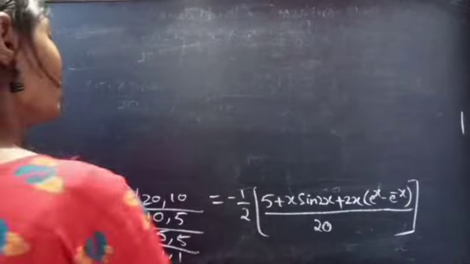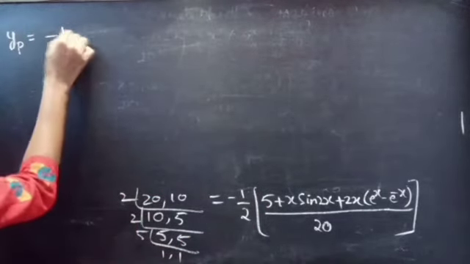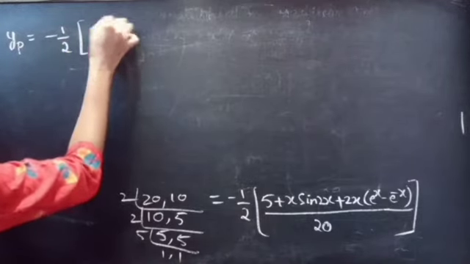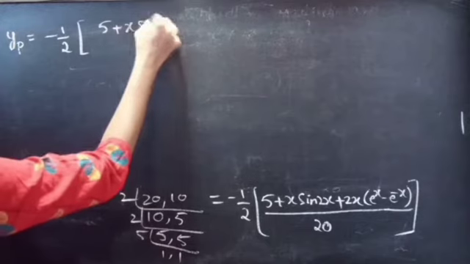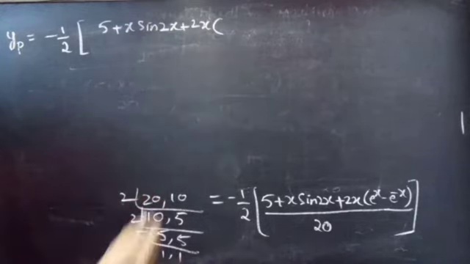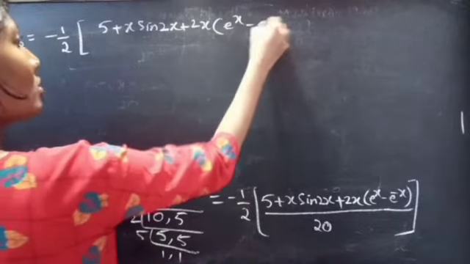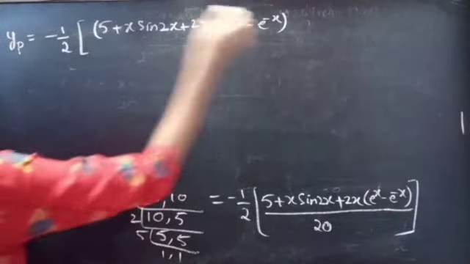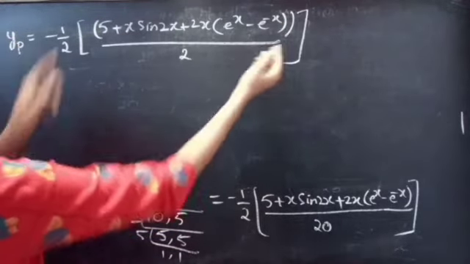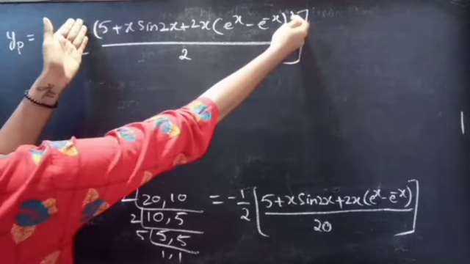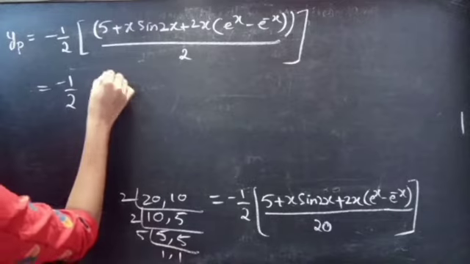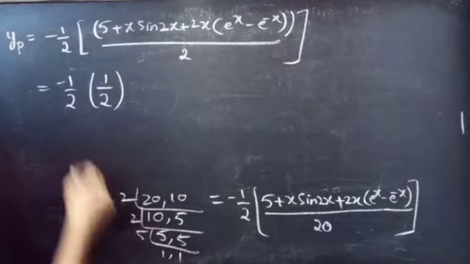Then our yp becomes minus 1 by 2 into 5 plus x sin 2x plus 2x into e power x minus e power minus x by 20. Now we can split this fraction as numerator into 1 by 2. Sorry, this is 20, right?